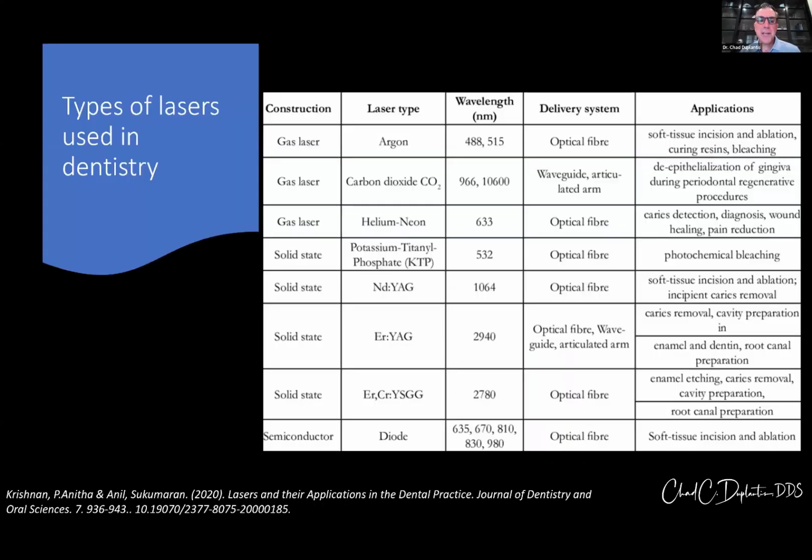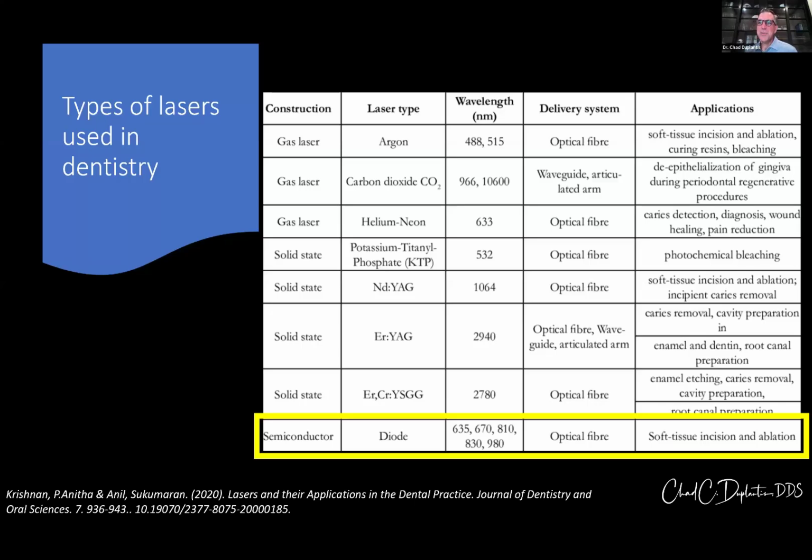Now, there's several types of lasers in dentistry. We have gas lasers, we have solid state lasers, and then we have a semiconductor laser. And the laser that we're going to talk about this evening is a diode laser, which the construction is of a semiconductor. The delivery system is through an optical fiber.